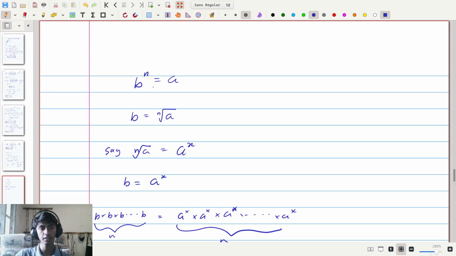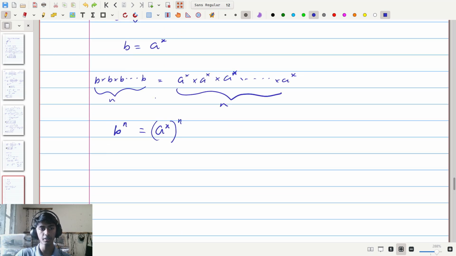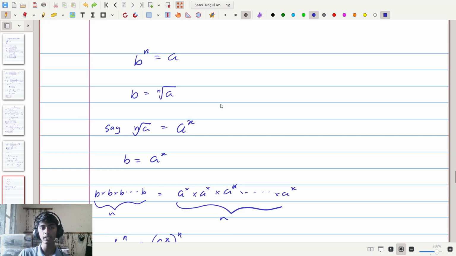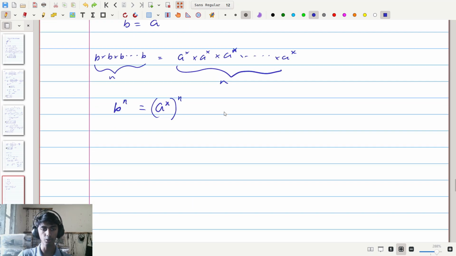Now consider this equation here and this equation here. One of them says that b to the n is a to the x to the n. The other one says that b to the n is a. So therefore, a to the x to the n is equal to a, which is also the same as a to the 1, because a is a multiplied by itself one number of times.